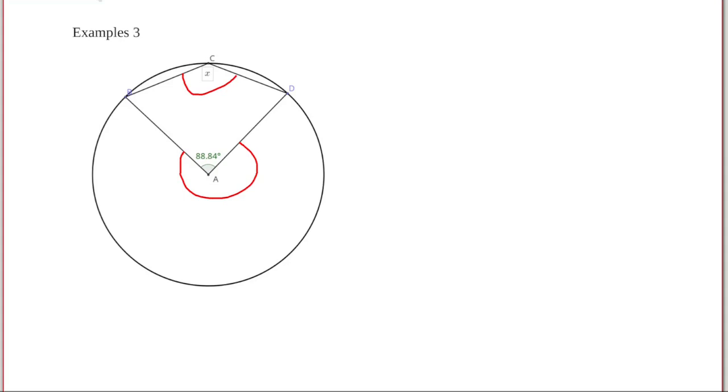So let's start with that. 360 take away 88.84. This is going to give us 271.16. Now we have the angle at the center being 271.16, a reflex angle.